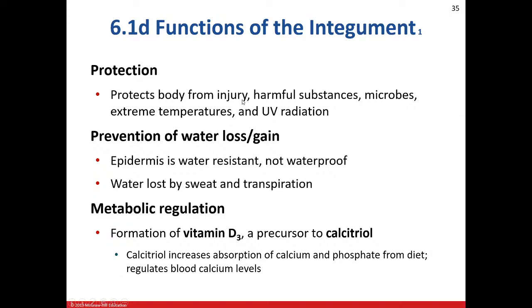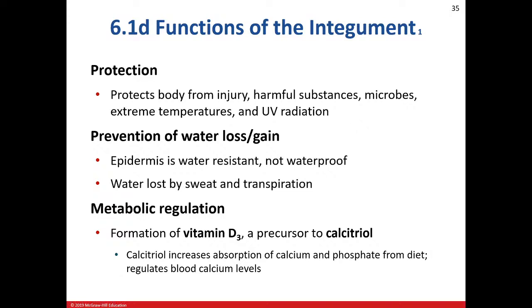Protection, we mentioned, protects the body, cushions it, also against harmful substances and microbes, extreme temperatures, but that's related to its role as an insulator, and also UV radiation. UV radiation can penetrate the skin.